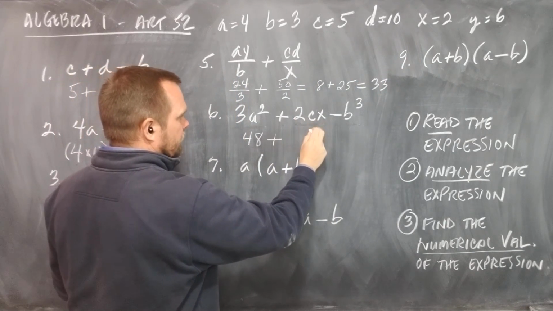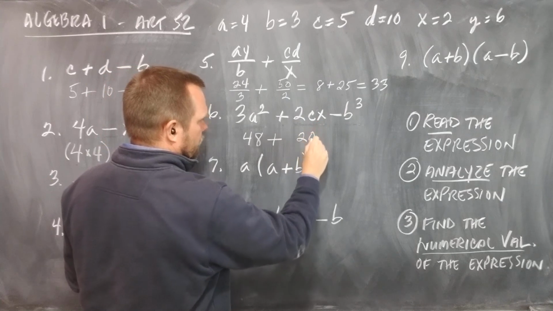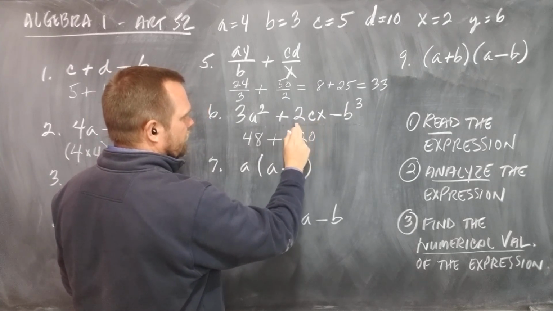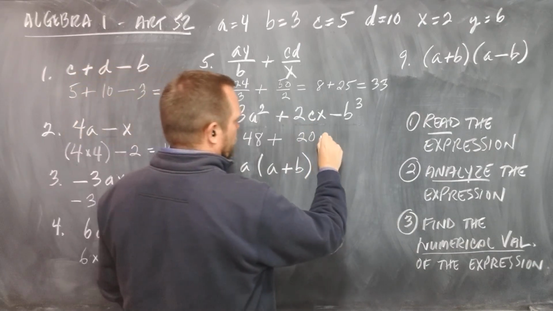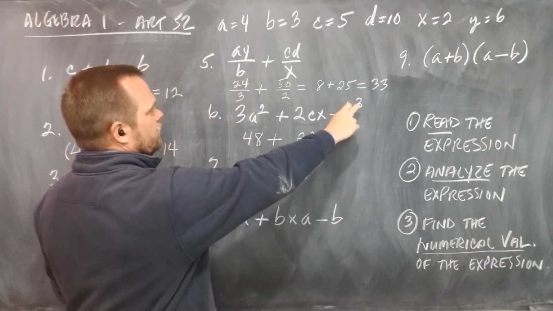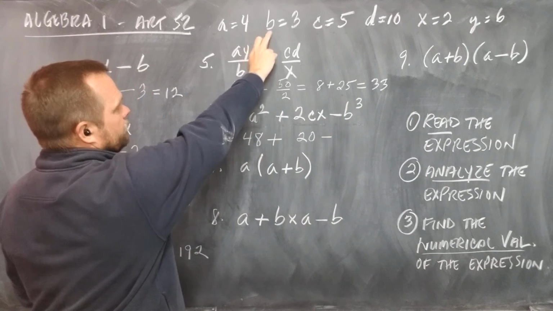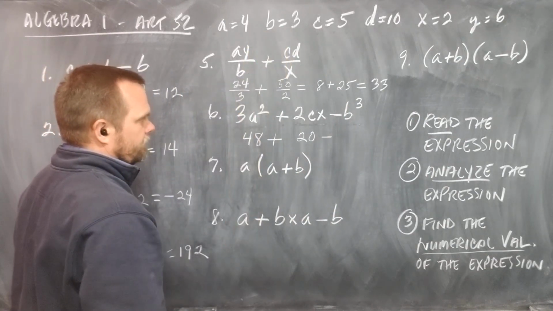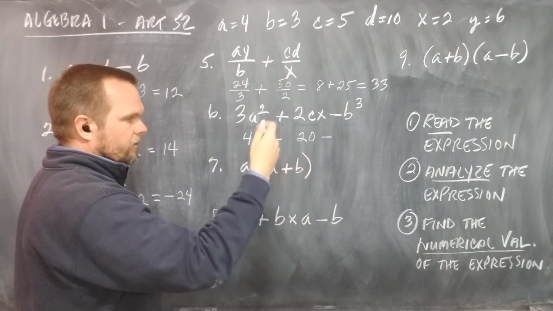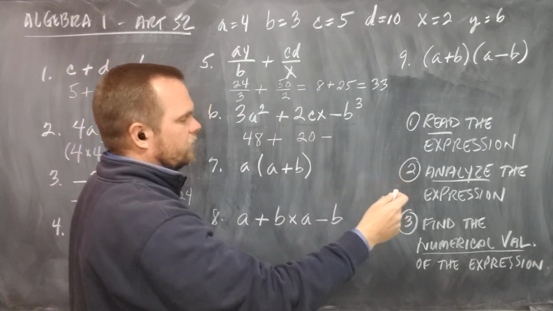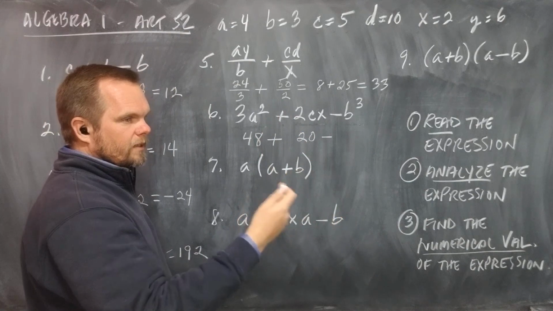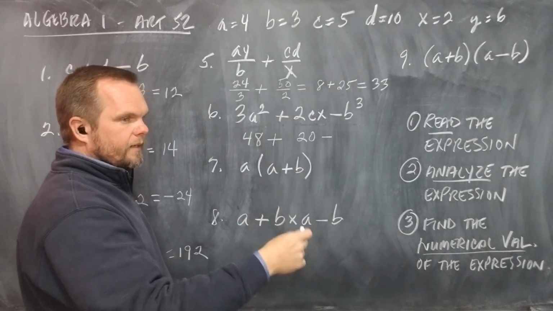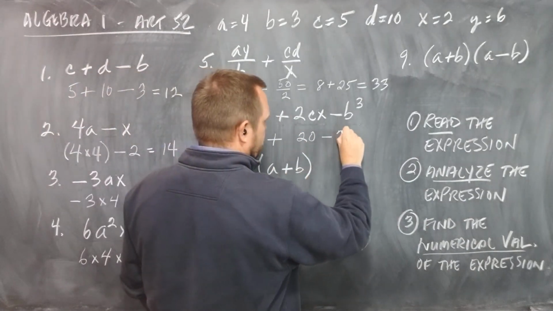Times 2 is 20. So 2cx, or 2 times c times x, is equal to 20. Minus b to the third. b is equal to 3. 3 to the third power is equal to 3 times 3 times 3. 3 times 3 is 9. 9 times 3 is 27.